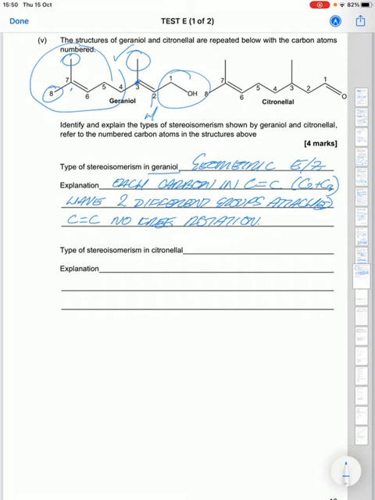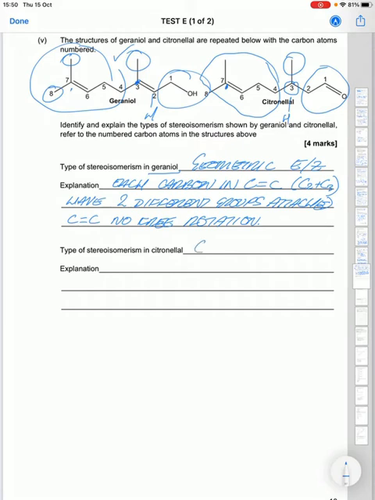And then in citronellal, for exactly the same reason, it's not going to be geometric there, so I'm looking for something else, and I can see it here, carbon 3. I've got 1, 2, 3, and then I've got a hydrogen. That's 4 different groups attached.